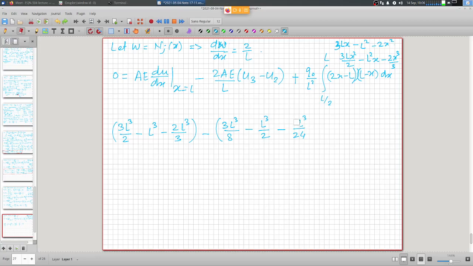So maybe L cube by 12 to L cube by 24, that is easier.